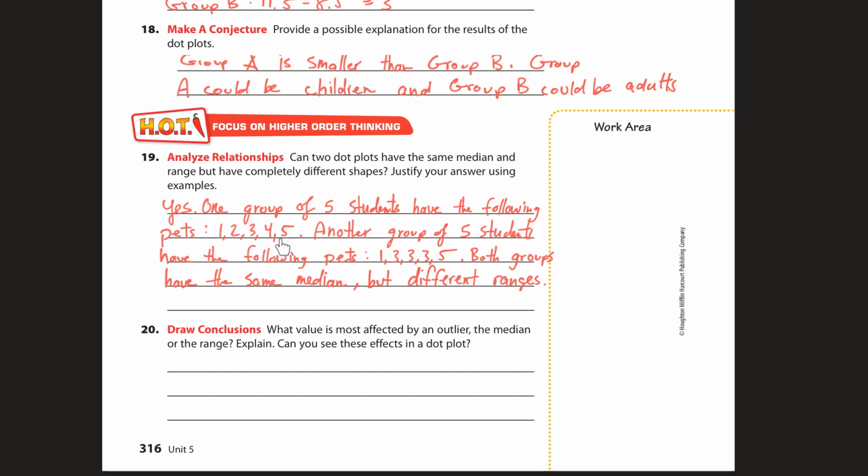Another group of 5 students has 1, 3, 3, 3, and 5 pets. Both groups have the same median. The median is the middle number, and it is 3 here, and 3 here as well.